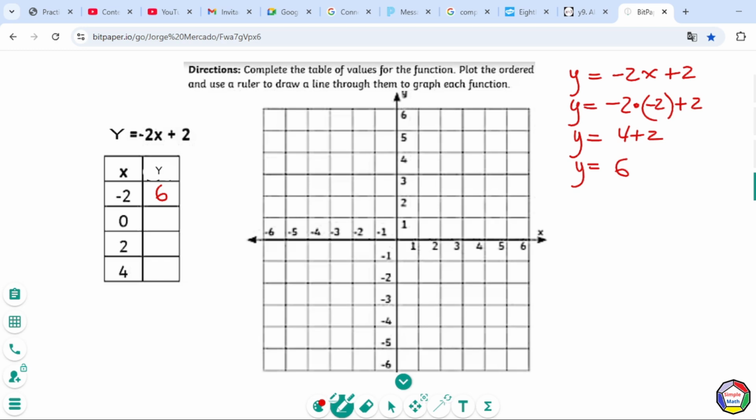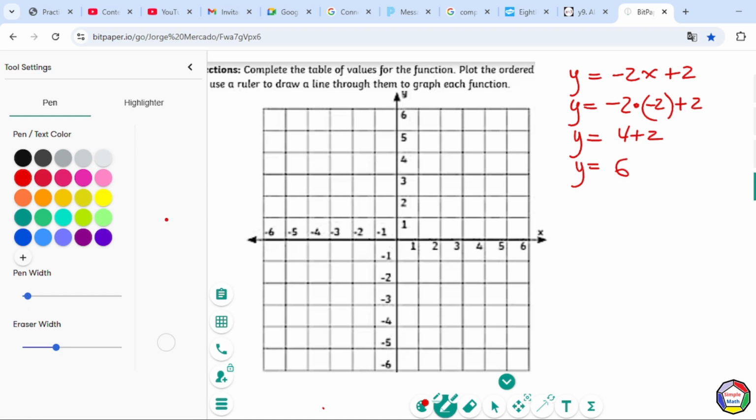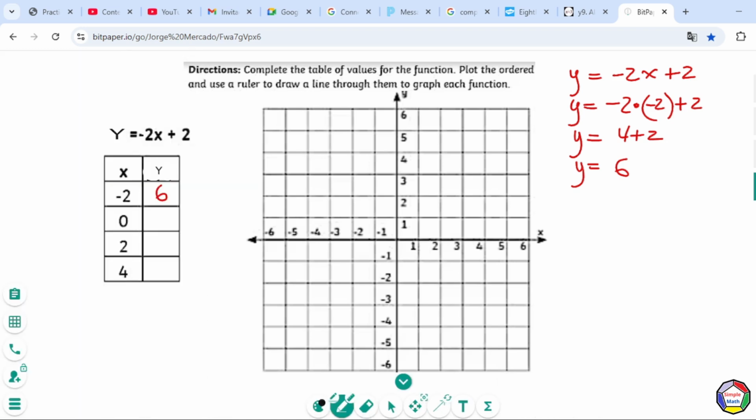So now what happens if x is equal to 0? Okay, I'm going to change the color here just to show you the difference. I will repeat this again, but I will make x become 0. Let's say this is the second substitution. y is equal to minus 2x plus 2, right?